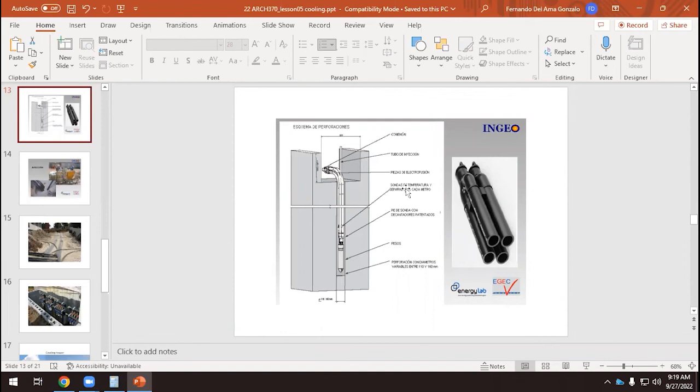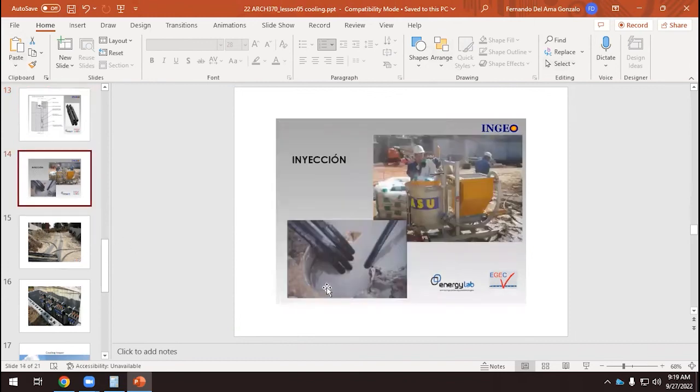And at the end, when we have the pipes there, we have to fill the hole with some concrete. So we have to protect those pipes, and we fill this borehole with concrete. So at the end, it's something very expensive, and it's something that is buried. We don't see it.